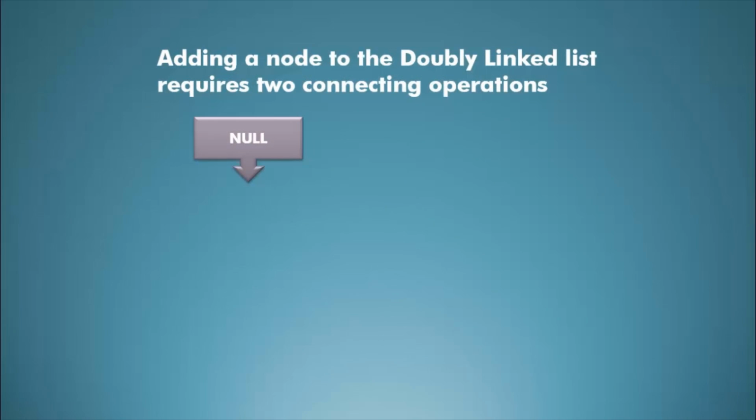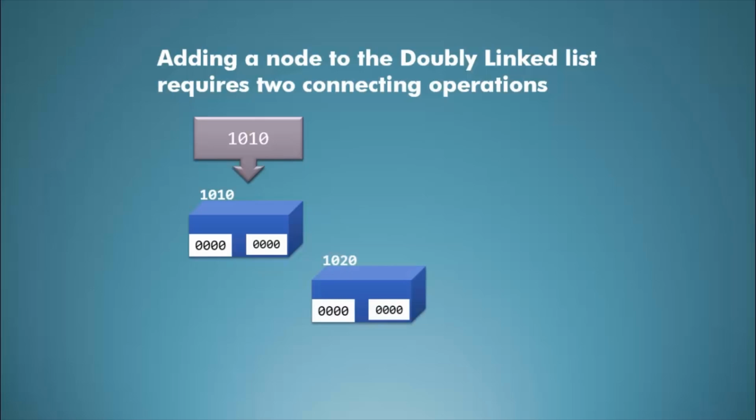So if we look at this, we once again start with a null list, and we add on our first node. Now note that both of those pointers, the preceding and the next, are set to null. This tells me that there is no node before this and there is no node after this. As soon as I add my second node, then we've got to do some assignment of pointers.